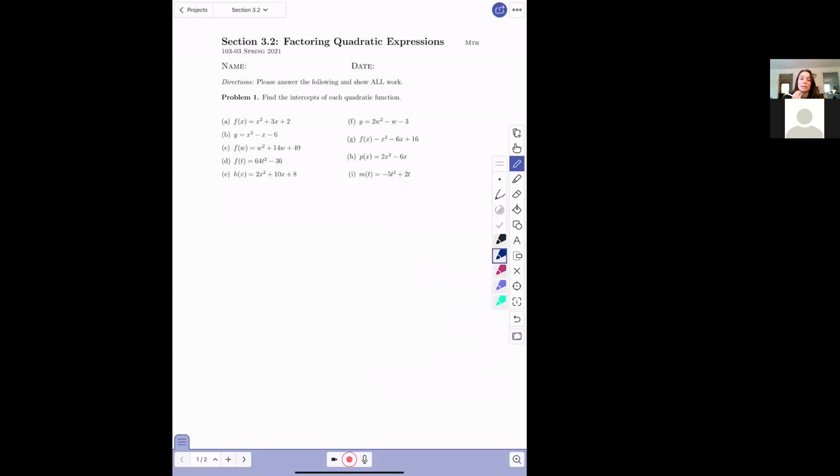we always want, well, when we're in standard form, so when we have f of x equals x squared plus bx plus c, so the coefficient on the x squared is 1 when we're in standard form.